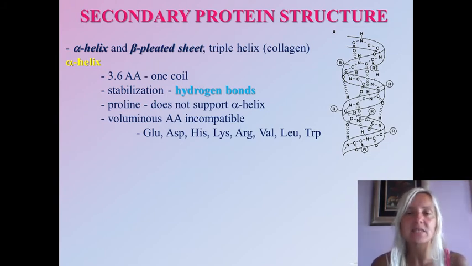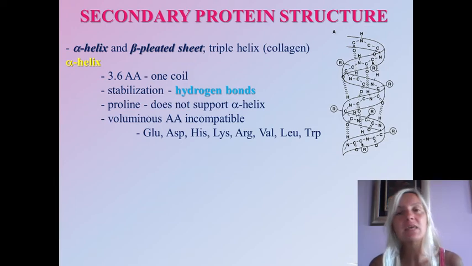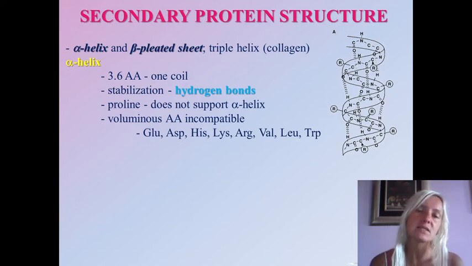We have some exceptions. Proline, our amino acid, does not support alpha helix. Also, it is suggested that amino acids with voluminous side chains are kind of incompatible.